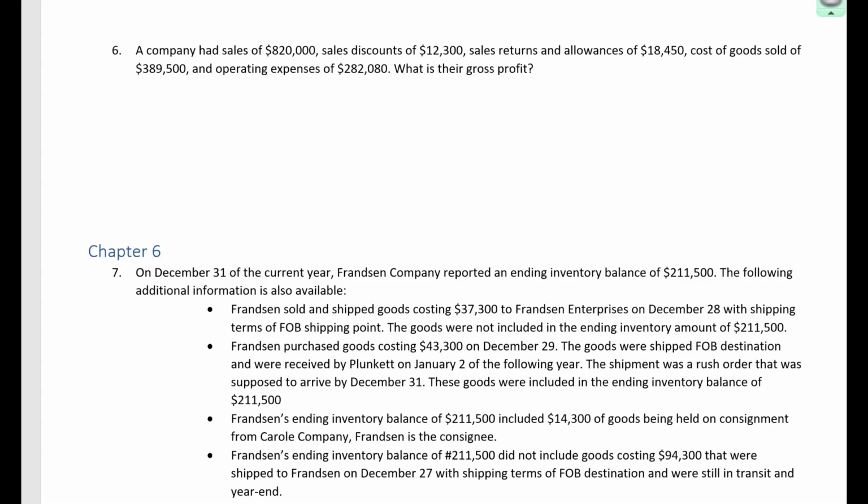To calculate the gross profit, take their sales, subtract their sales discounts, subtract their sales returns and allowances, and subtract cost of goods sold.